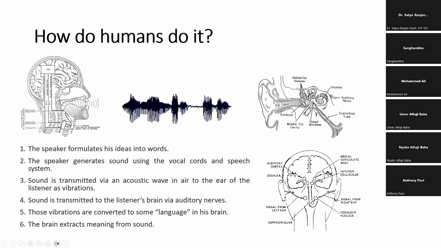These sounds will be transmitted through the communication channel, which is the air, as an acoustic wave, and it will reach the listener's ear. From the ear, using auditory nerves, the messages will be sent to the brain, and the brain will convert these vibrations into a particular meaningful language or content. So this is how the recognition is done in a human being.